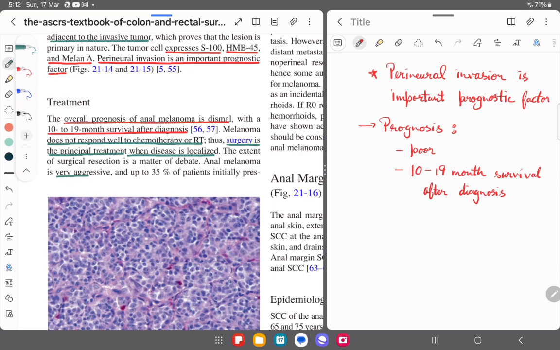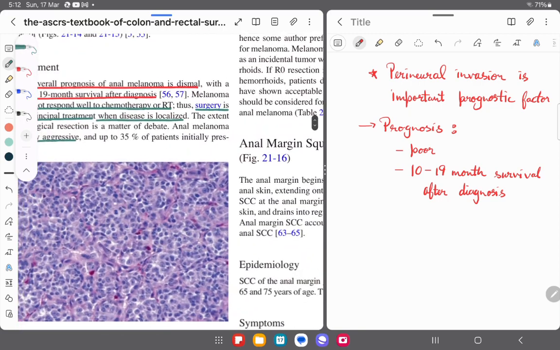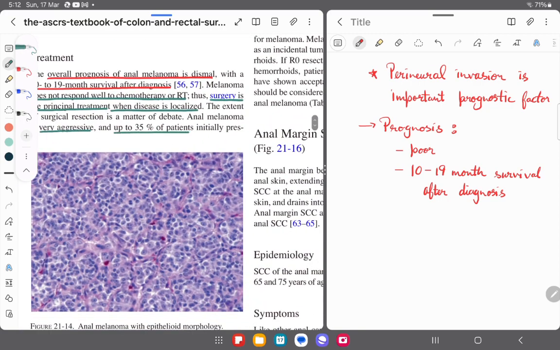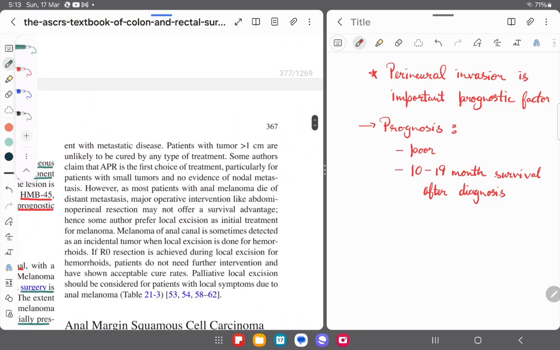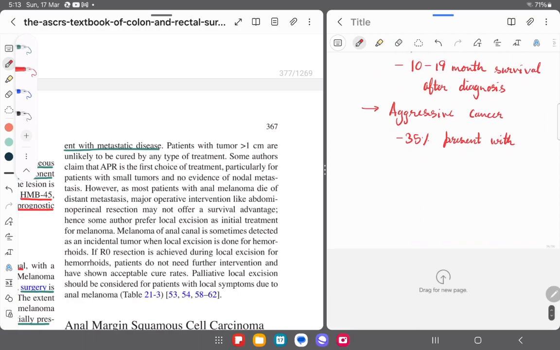Anal melanoma is very aggressive, and up to 35% of patients initially present with metastatic disease.